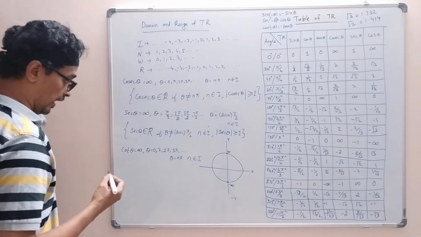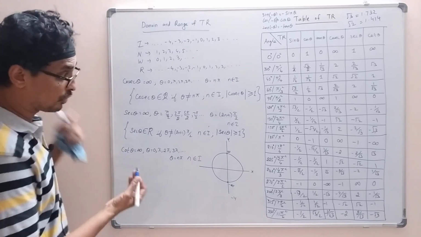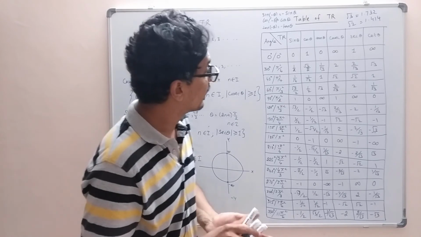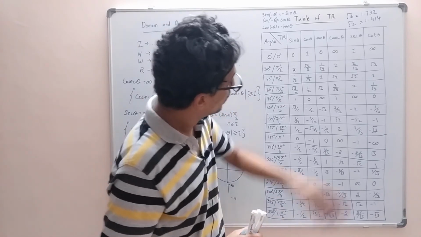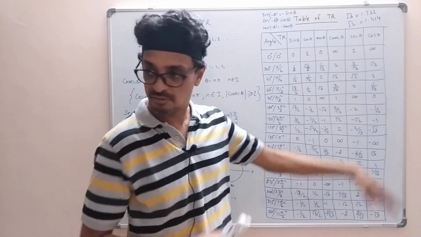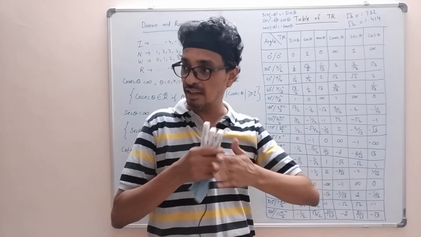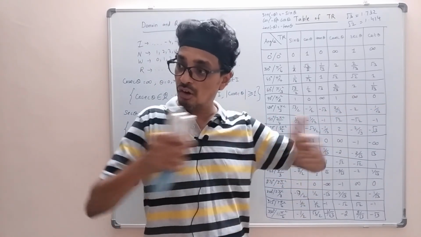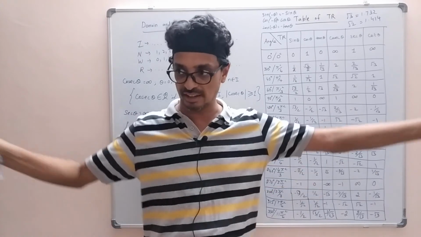And if you see again, the cot theta range can go from 0 to infinities on both sides. So cot theta again will contain all the real numbers. The range is the entire set of real numbers.